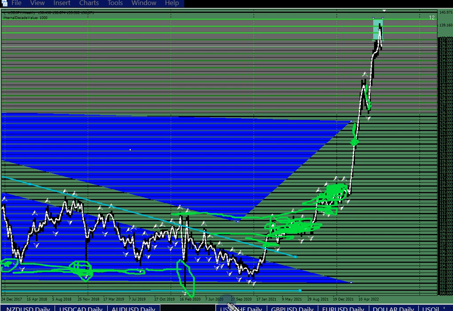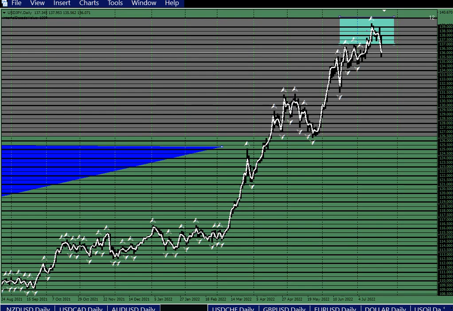And now we're on the weekly chart. So, wow, what a rip. It's just mind-blowing. Now we've got the daily charts. Here's another triangle.